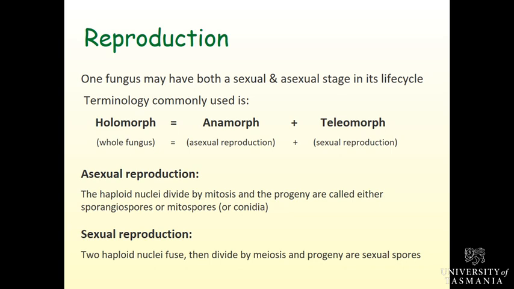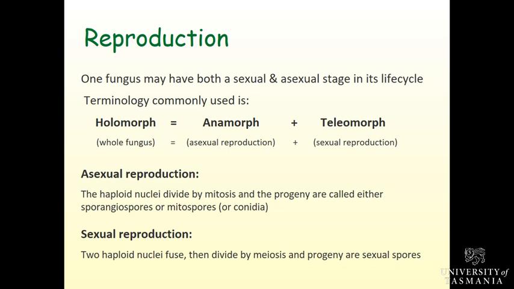So, for instance, a lot of the tolerance or resistance to fungicides that we might find in our plant pathogenic fungi, a lot of the development of that resistance is due to the capacity of that fungus to have a sexual reproductive stage, so it can adapt to a stress, in this instance a fungicide, and obtain resistance to that.